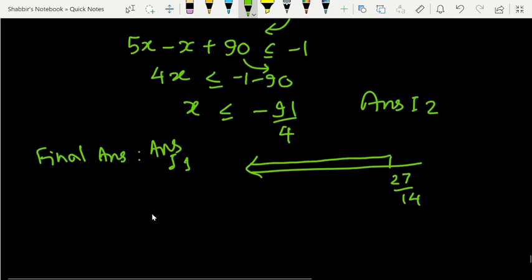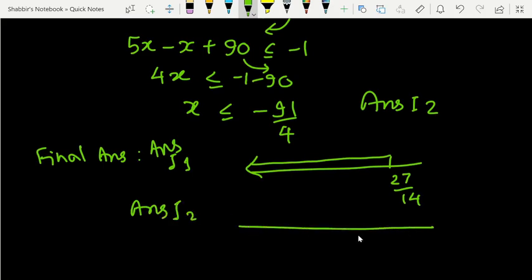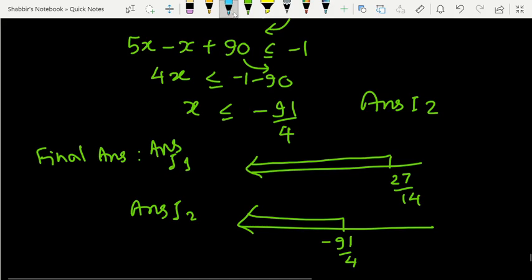And I2, as you can see, it is less than minus 91 by 4. Okay. So we will drop perpendiculars.